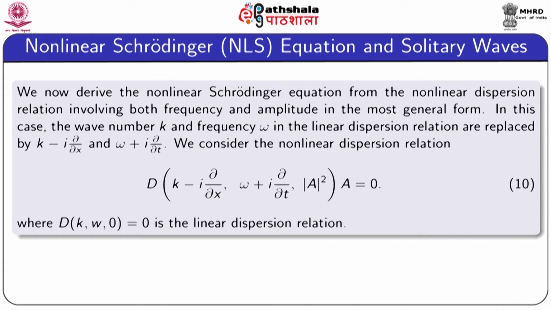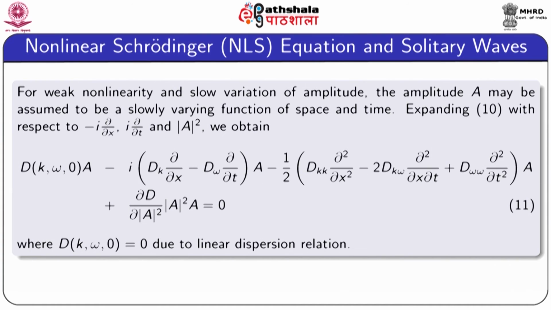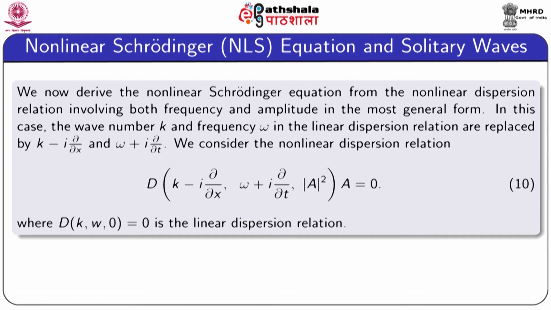Now, we expand this relation about −i ∂/∂x, i ∂/∂t and |A|². We are assuming that the nonlinearity is weak. So, the slow variation of amplitude can be written like this.